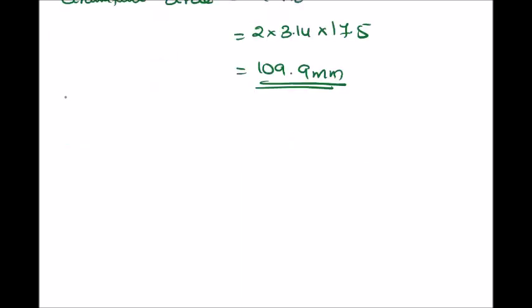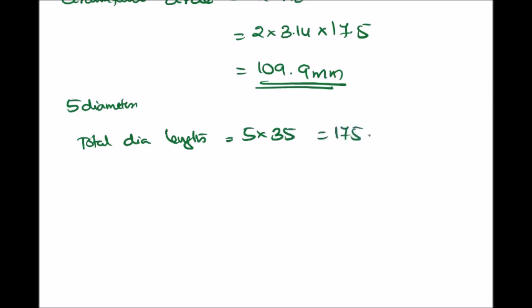Since 5 diameters are drawn, total diameter length is equal to 5 into 35. That's equal to 175 millimeter.